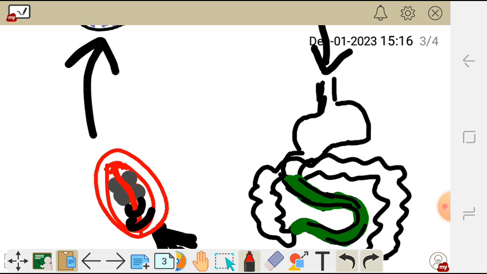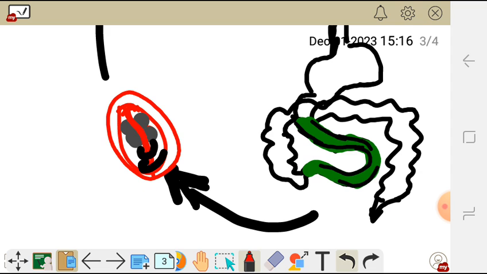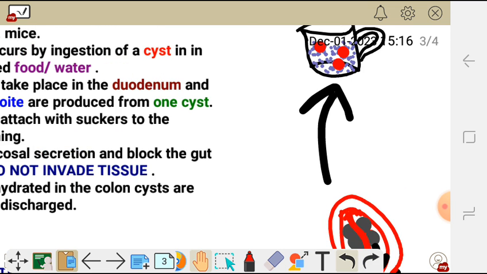And by the help of a sucking disc, those trophozoites are going to adhere to the microvilli of the duodenum, and they are going to start sucking the secretions of the duodenum. Then as the trophozoite flows in the intestines, when it reaches the colon, as the stool hardens and dehydrates, other cysts are going to be formed, which are now discharged in the stool to infect another individual.